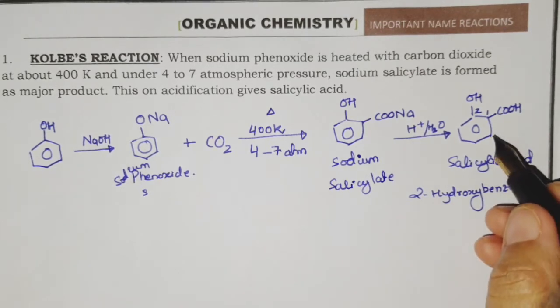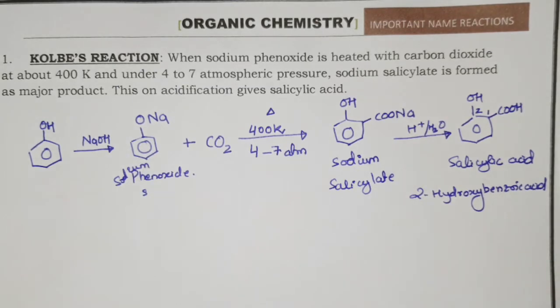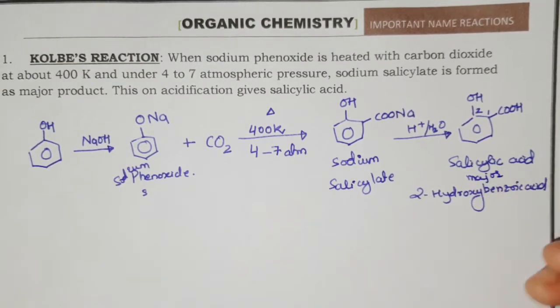Now this is your ortho isomer. The para isomer will also form, but in a very low amount. So your salicylic acid will be in major amount, and this reaction is what is called Kolbe's reaction.